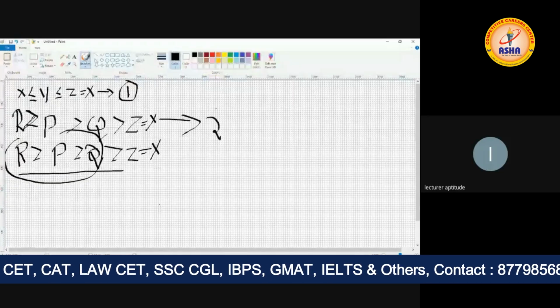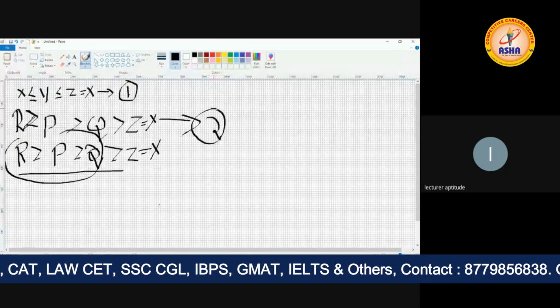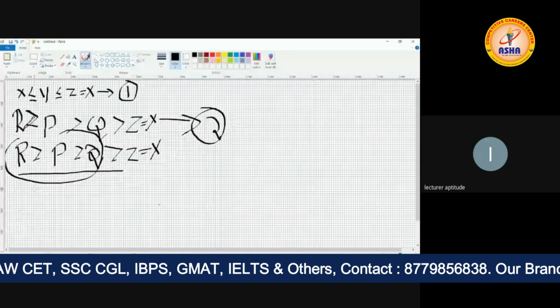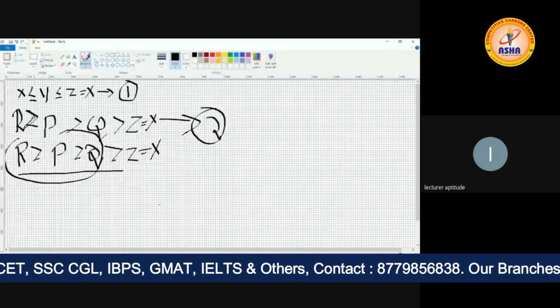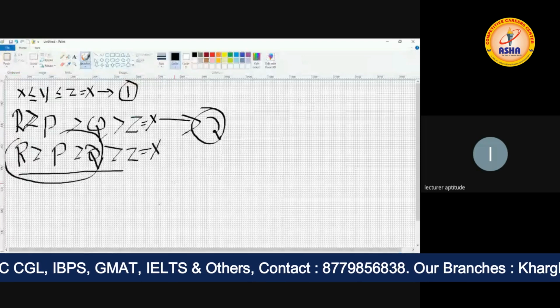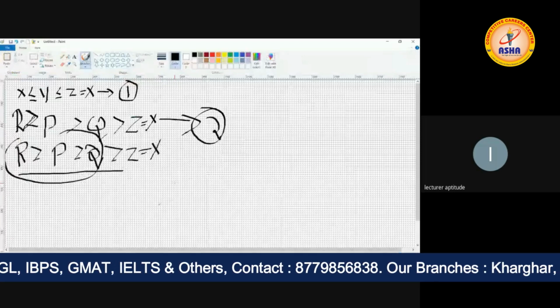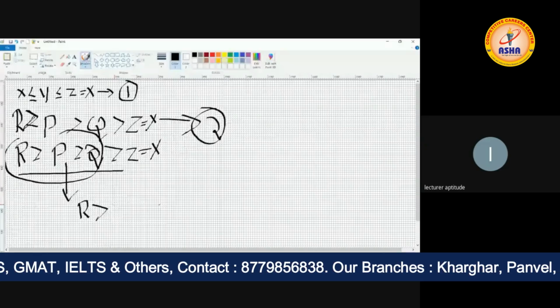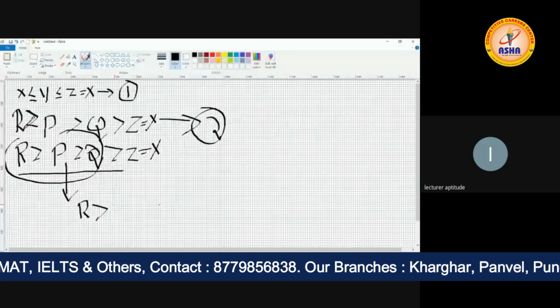From that, just look at what the relation is between R and Q. From this second statement we can say that R is greater than Q. So this is true. Okay, so the third statement is true.